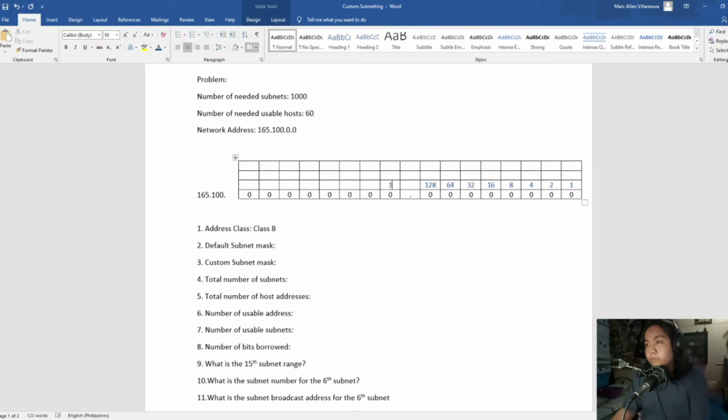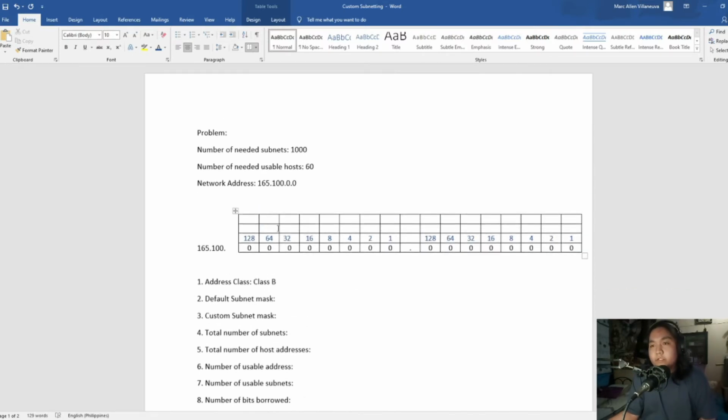And here we repeat from 1, 2, 4, 8, 16, 32, 64, and 128. So if you're asking why we only have 8 bits and why we need to only stop at 128, simply because the limit of our IP address is only 255. So when we add this all, we have a total of 255.